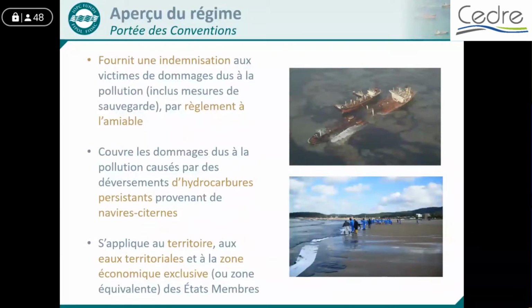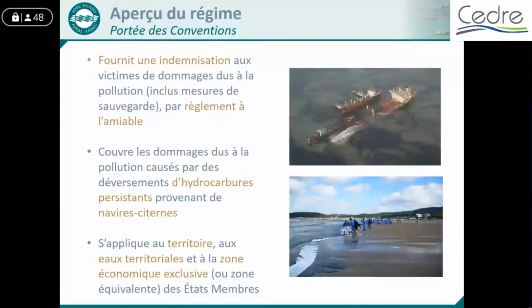Then it's examined, and we see whether the claim is acceptable or not. It can be through out-of-court settlements. There's no requirement of going through the courts, so it can be an amicable or out-of-court settlement as well.